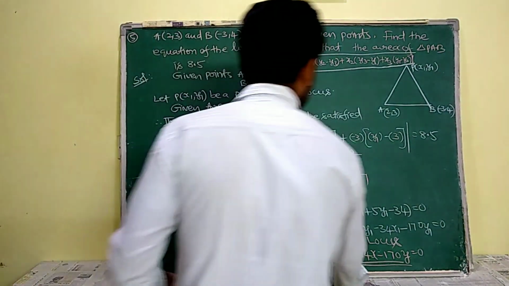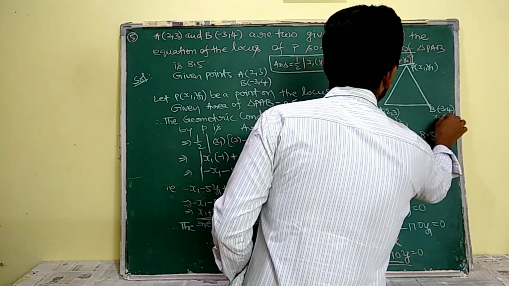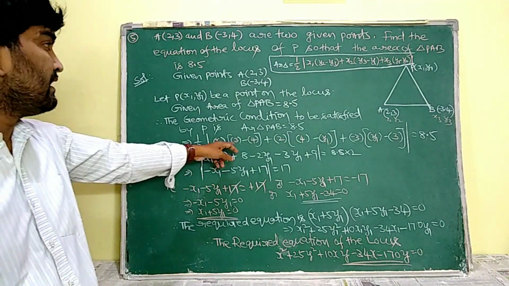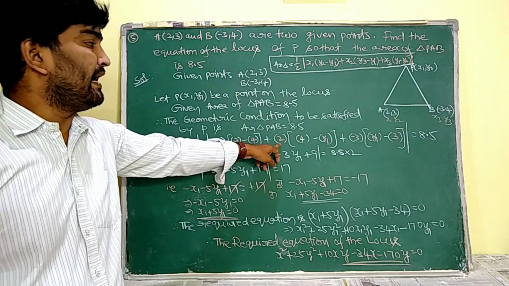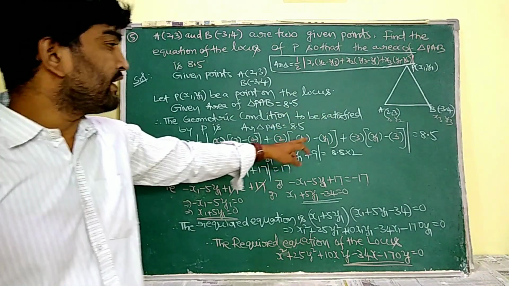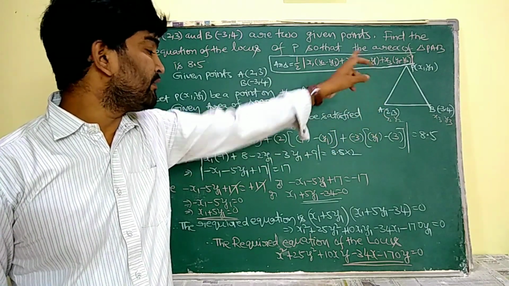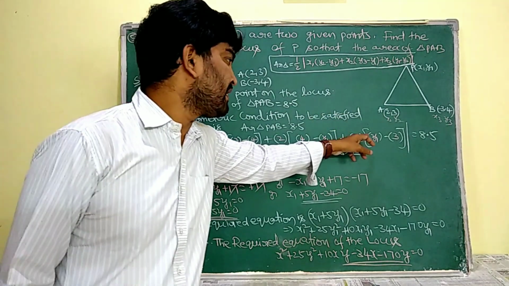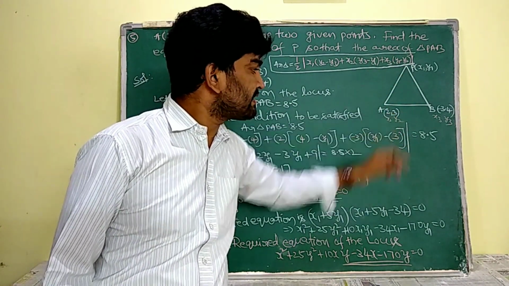For that let us consider these as (x2, y2) and (x3, y3). So substitute those respective values here. y2 minus y3, 3 minus 4. Next it is x2, x2 means 2, 2 into y3 minus y1, y3 means 4, y1 means y1 only. Next x3 means minus 3, next y1 minus y2 means y1 minus 3.